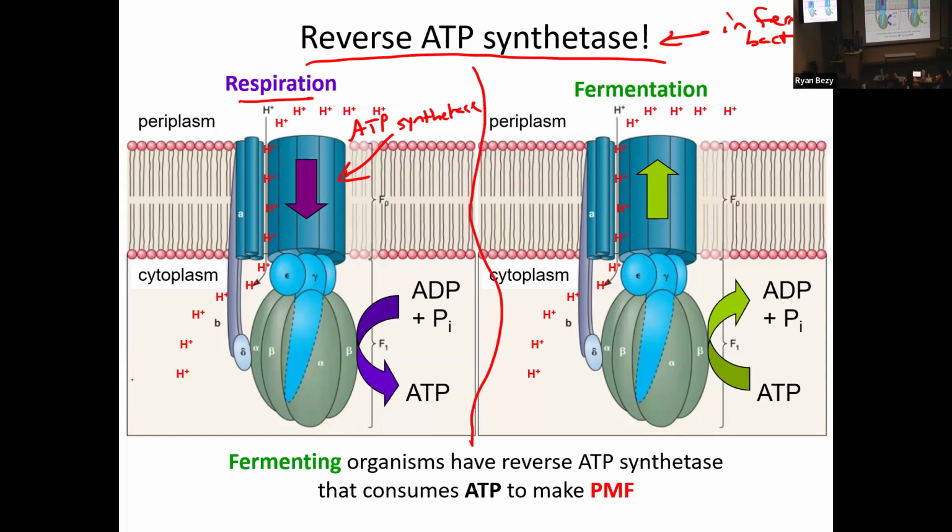In this case, proton motive force is an energy source for ATP synthesis, making ATP. So this is the action of ATP synthetase during processes like cellular respiration. In fermentation, what they have instead is this reverse ATP synthetase.